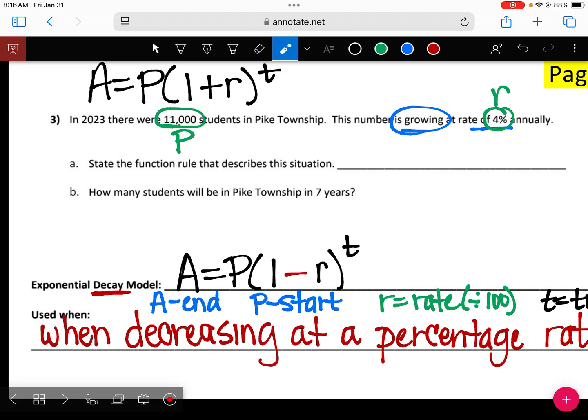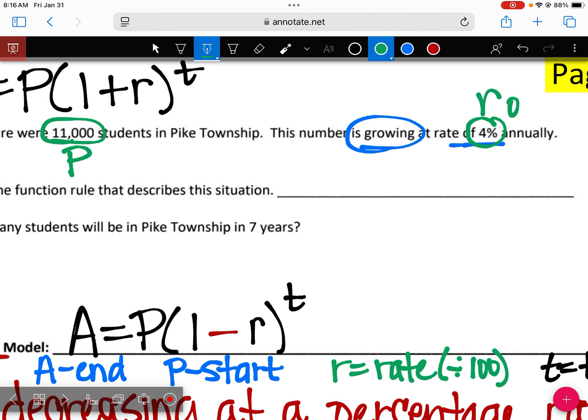But let's look here for a second. So we have exponent. This is my starting amount. This is the rate. So you always take the rate and divide it by 100. So can you pick up your calculators? Take 4 divided by 100. And you should get 0.04.